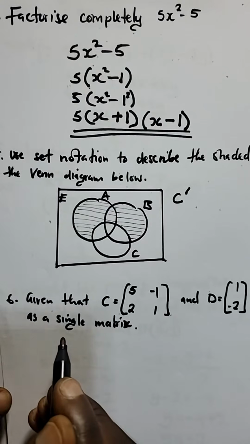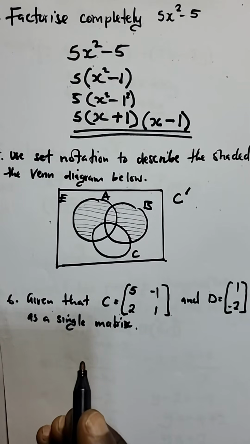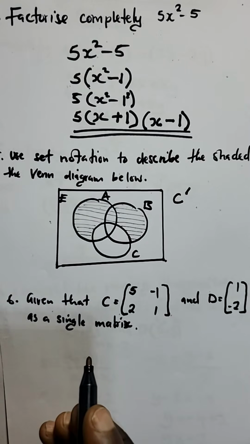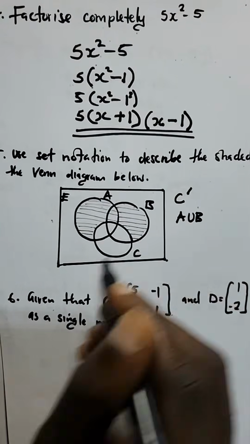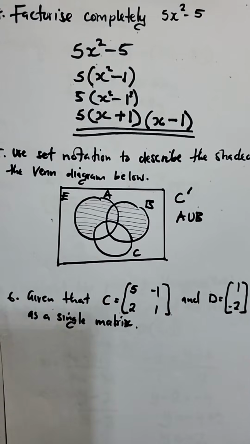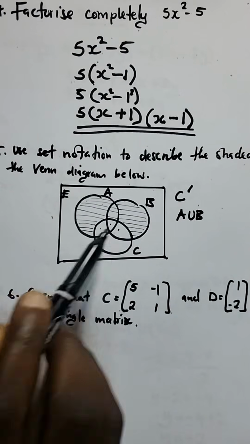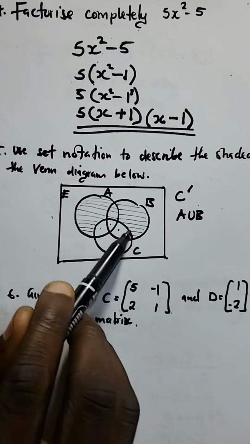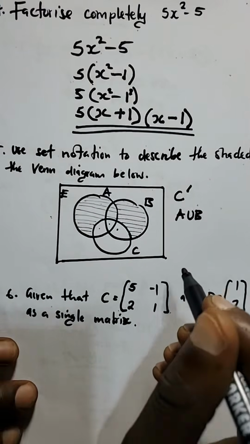Now, which set or sets is shaded? A and B, A union B, okay, shaded. So you have A union B shaded there. Now this part here, we have 1, 2, 3 not shaded because they are part of C. So in other words, write like this.